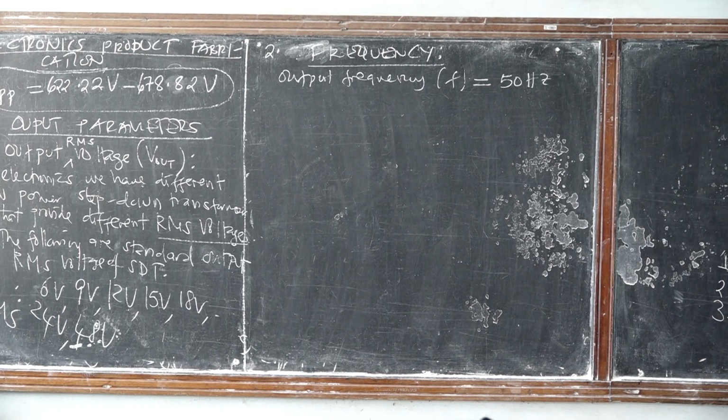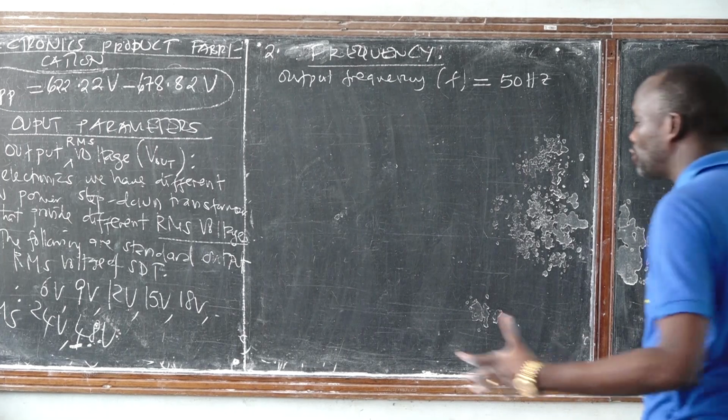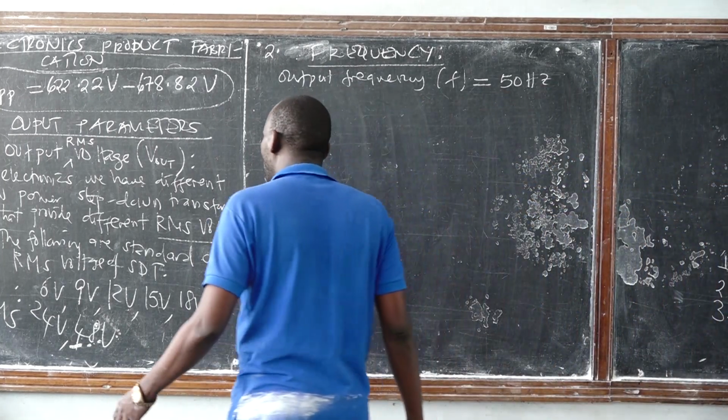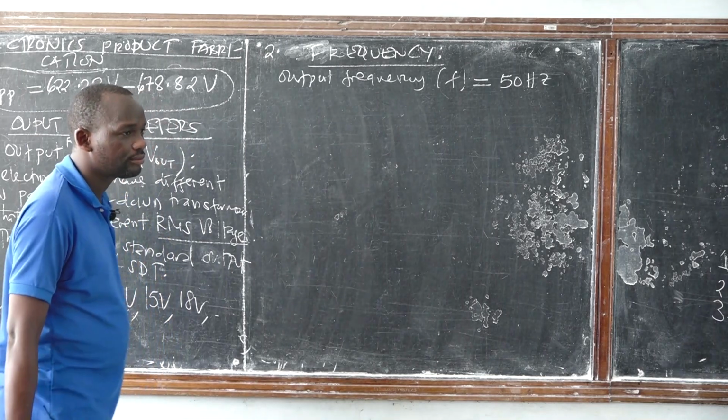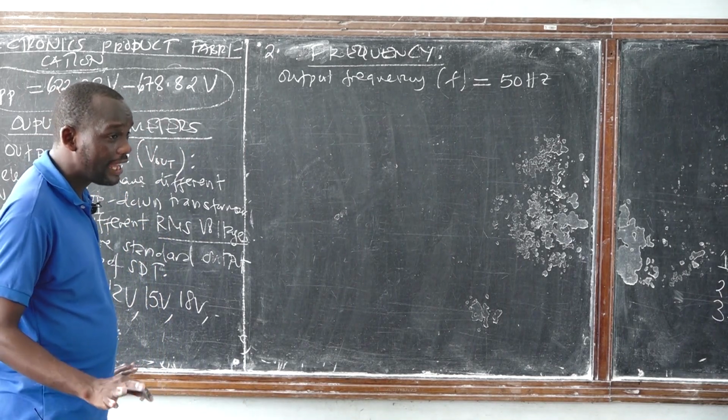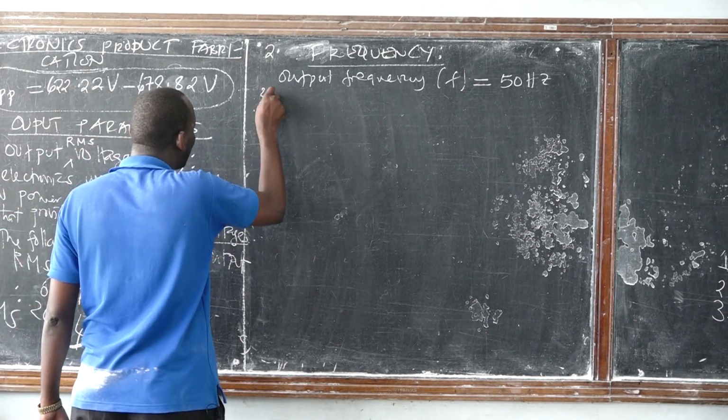Or what? What is the meaning of 48? Because you are just mentioning 48 volt, 24 volt, 15 volt. You don't understand what you are mentioning. It is the output root mean square voltage of the step-down transformer. Okay? Then the third parameter is what?